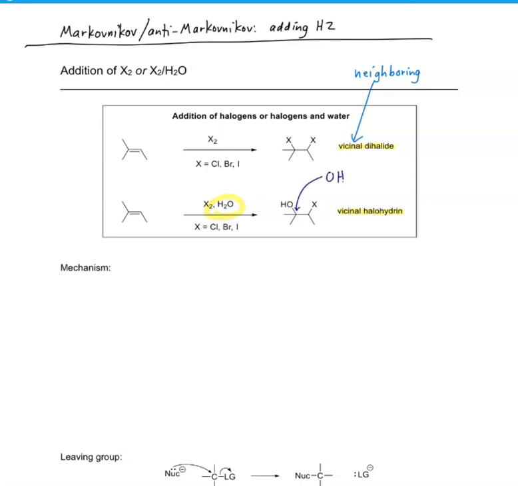So notice that you're adding an OH and an X. The OH attaches always to the more substituted alkene carbon, and the halogen attaches to the less substituted carbon.